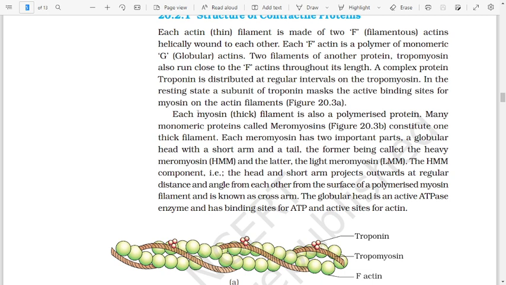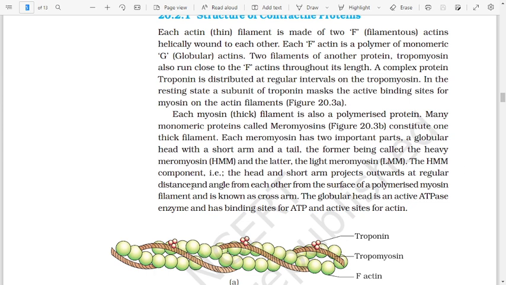Each myosin thick filament is also a polymerized protein. Many monomeric proteins called meromyosins, figure 20.3b, constitute one thick filament. Each meromyosin has two important parts, a globular head with a short arm and a tail, the former being called the heavy meromyosin HMM and the latter the light meromyosin LMM.